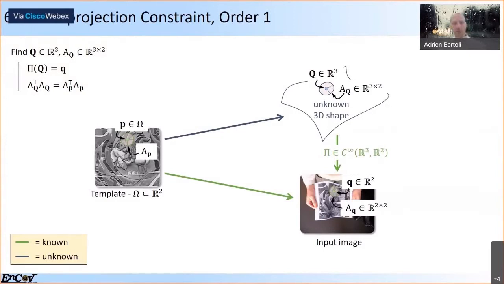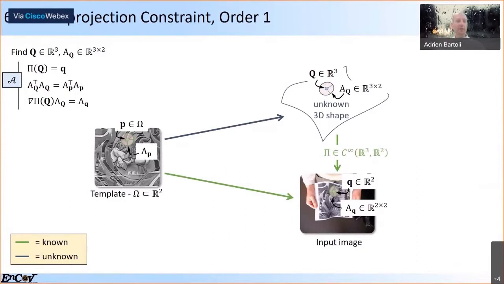Now, what we introduce is this ellipse here in the input image, which represents this affine correspondence I was discussing in the pipeline. Once we have this ellipse, actually, we can enforce the fact that the local structure on the 3D surface projects to this observed ellipse here. And this projection is given as our third equation in the system.